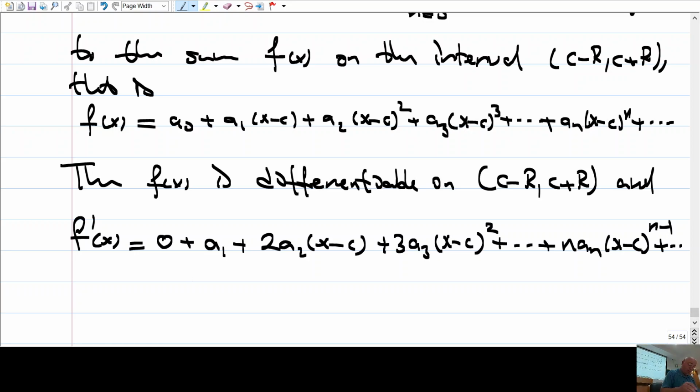Also, f is integrable. Since it is differentiable, of course, it is continuous. Differentiable functions are continuous on this open interval.